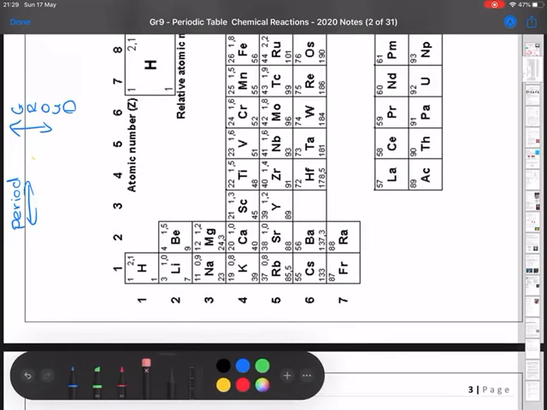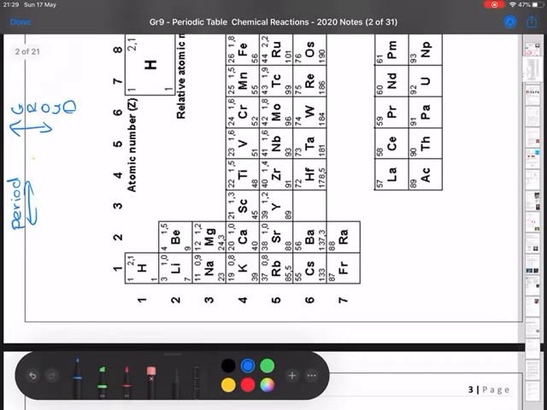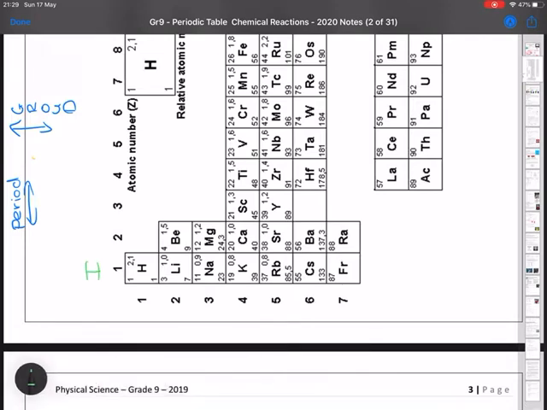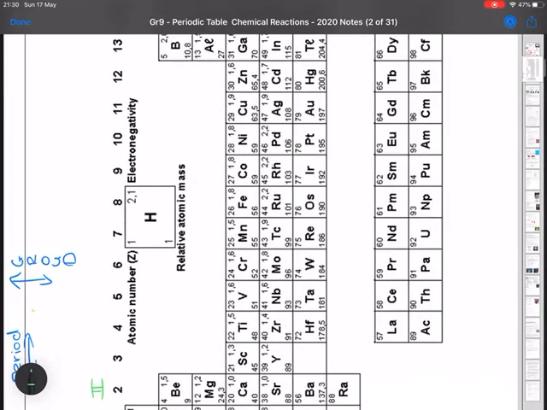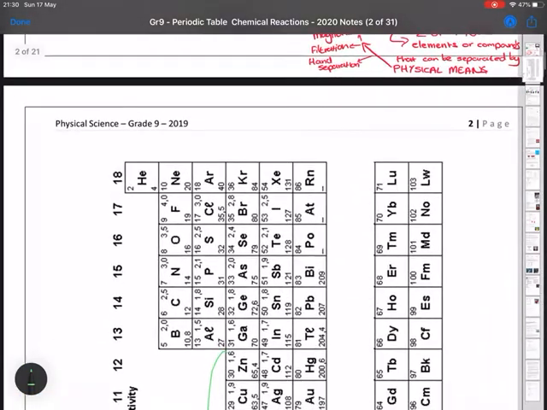So in Roman numeral form, you might see this: group 1, group 2. You skip the transition metals, and this then becomes group 3, group 4. You can Google how Roman numerals work if you don't know this. Group 5, group 6, group 7, and this is group 8. So if you do it in Roman numerals, you ignore the transition metals.